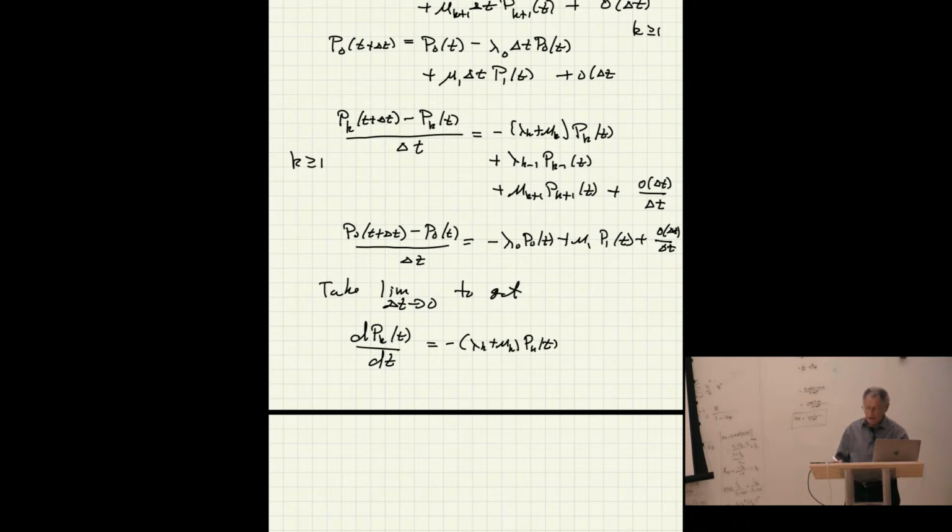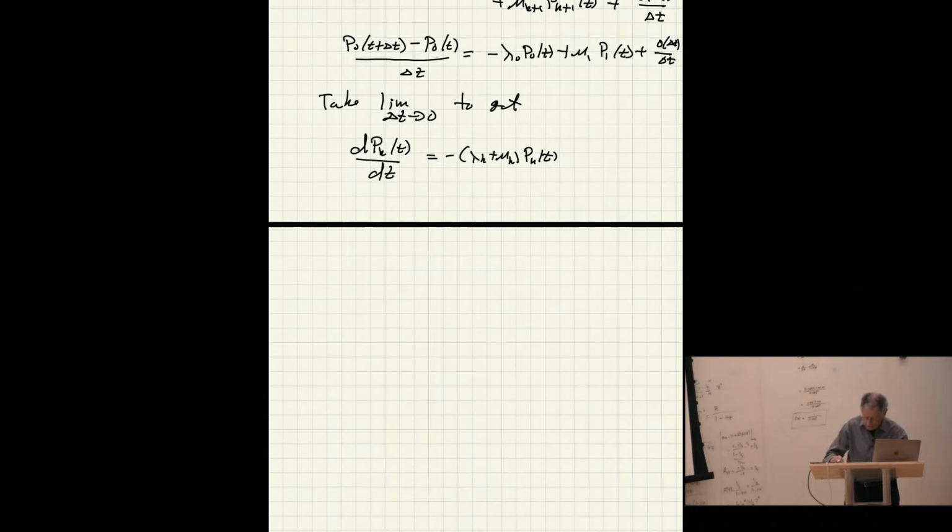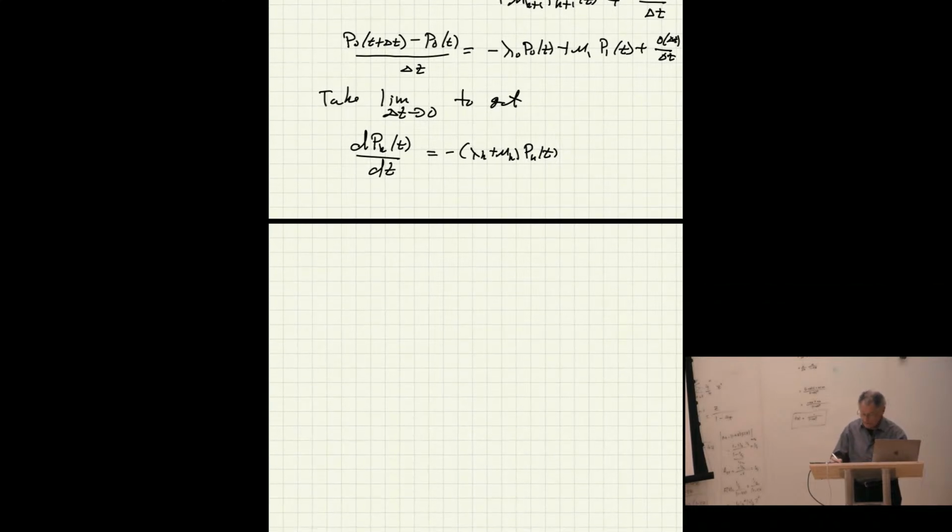And remember, I started this discussion last lecture by saying I'm going to torture you by making you go through what I'm doing right now, for a good reason. I want you to feel the pain. Plus lambda k minus 1, pk minus 1 of t, plus mu k plus 1, pk plus 1 of t.